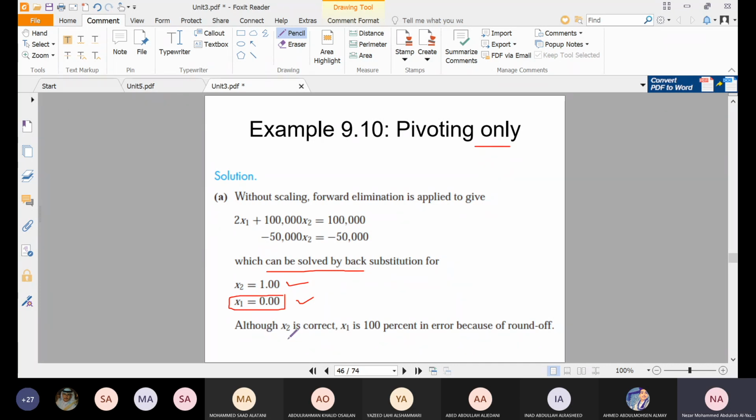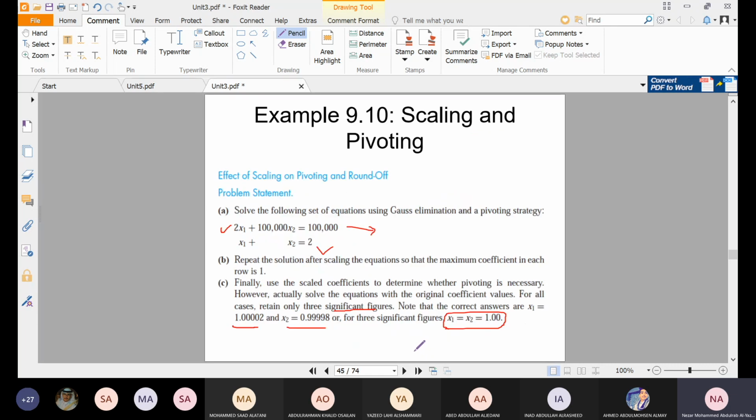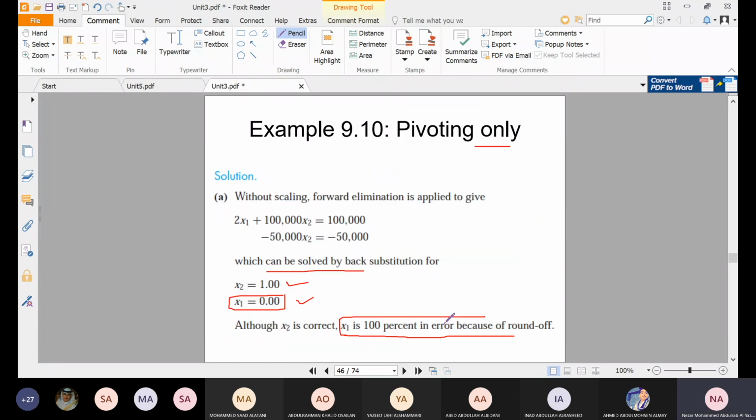So although x2 is correct, x1 has 100% error. We have 100% error here if we use round off. Okay, because if we use round off, we get these ones. This is the correct one, but here this is 0.